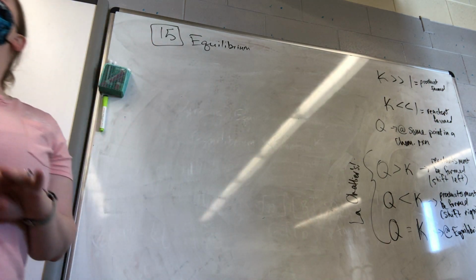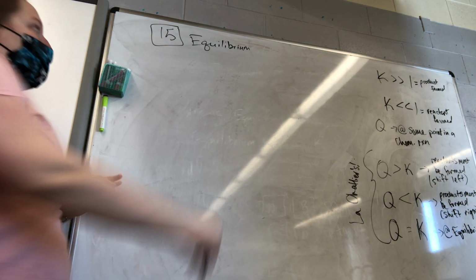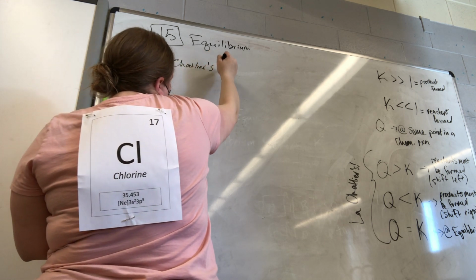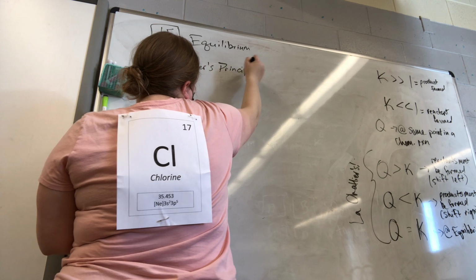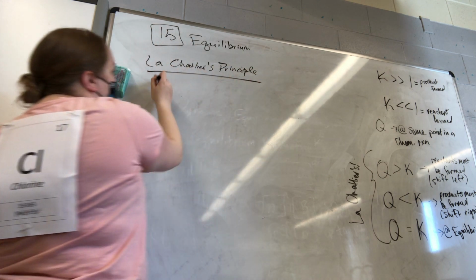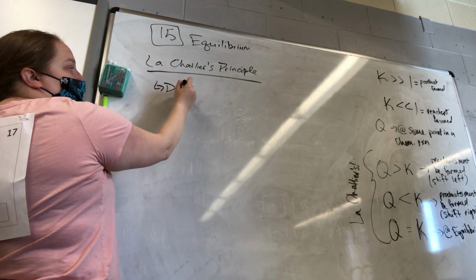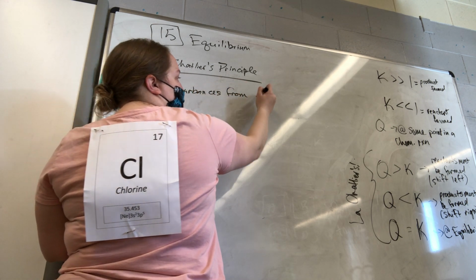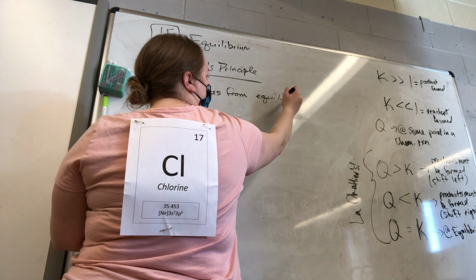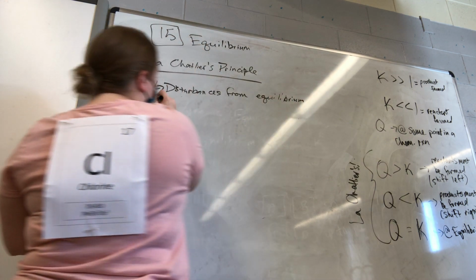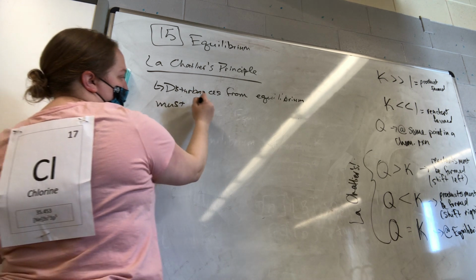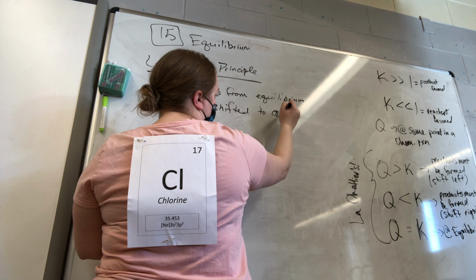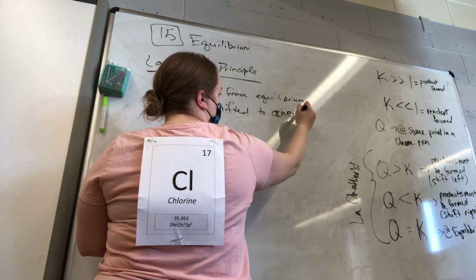So what does Le Chatelier's principle actually state? If products or reactants are introduced, it must shift in a certain direction. Disturbances from equilibrium must be shifted to achieve it again.